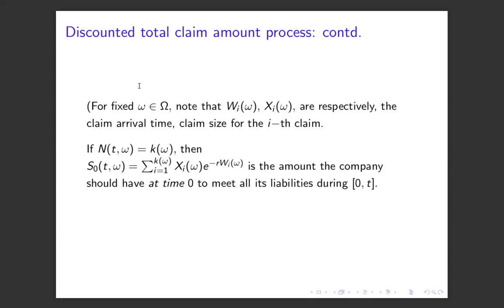So since omega is fixed, that is, it is assumed to be known, let us say N_t(omega) is k. Of course, k will depend on omega. Then S_0t(omega) is this. So this is the amount the company should have at time 0 to meet all its liabilities or obligations during the time horizon 0 to t.